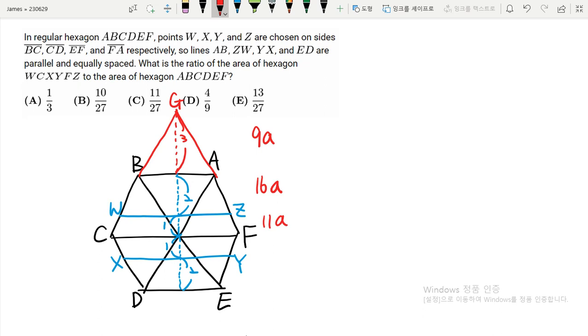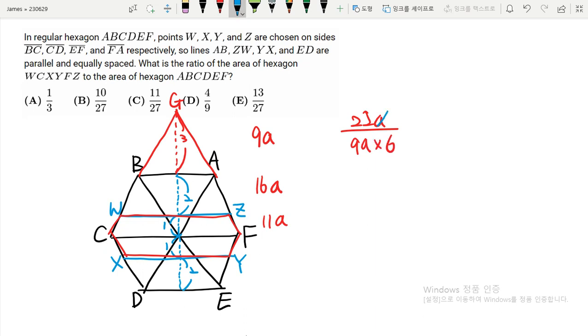So in such case, the middle hexagon's area is 11 times 2, so 22A, over the area of the original hexagon, which is 9A times 6.